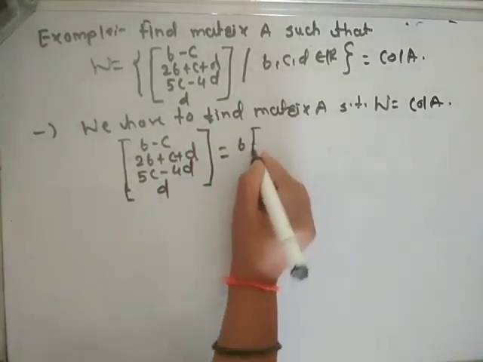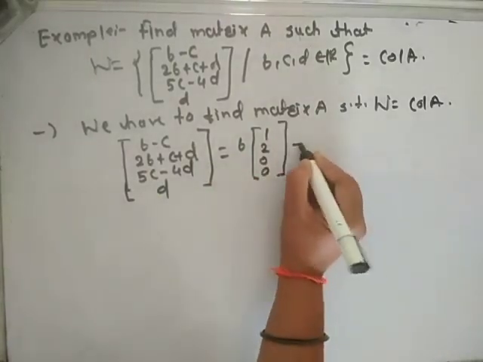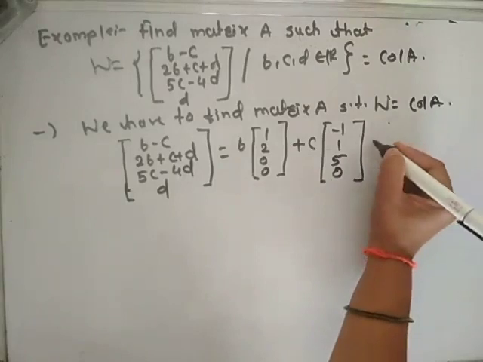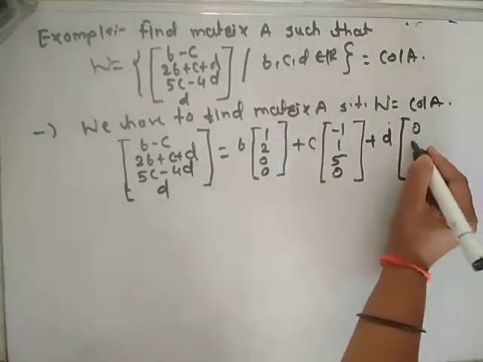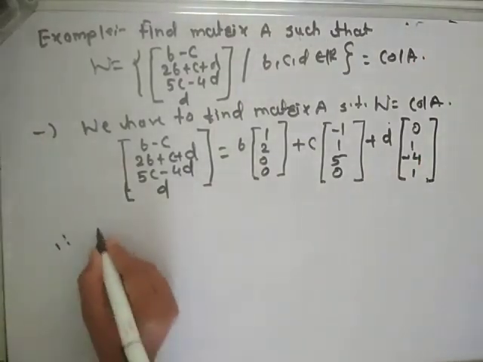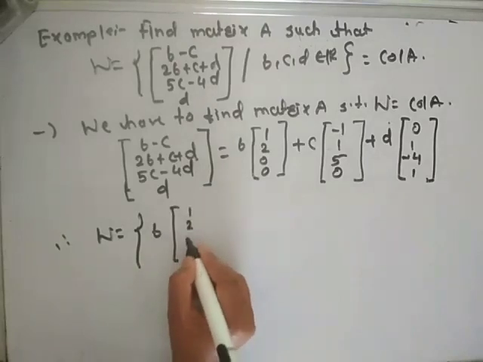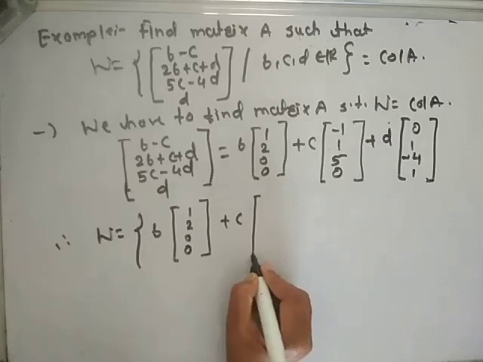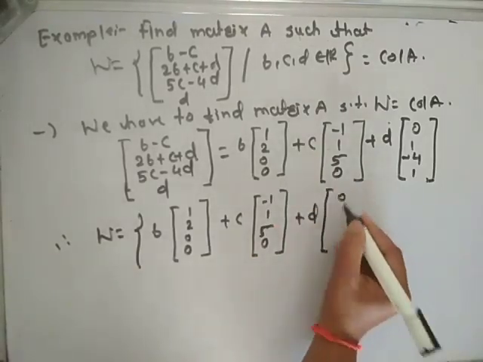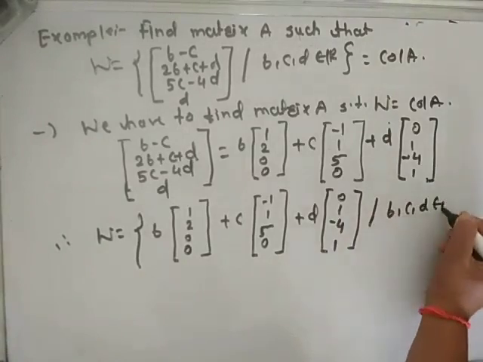This can be written as B into the coefficients of B: 1, 2, 0, 0, plus C into minus 1, 1, 5, 0, plus D into 0, 1, minus 4, 1, such that B, C, D belong to R.